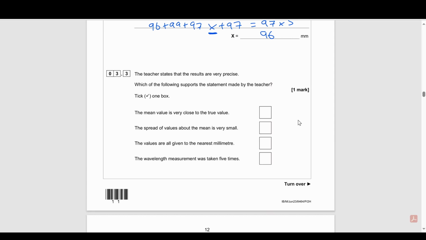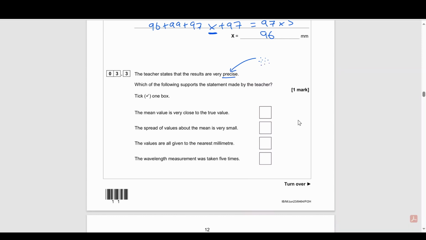3.3. The teacher states that the results are very precise. Which of the following supports the statement made by the teacher? Tick one box. Well, precise means that the values that you get are very close to each other.